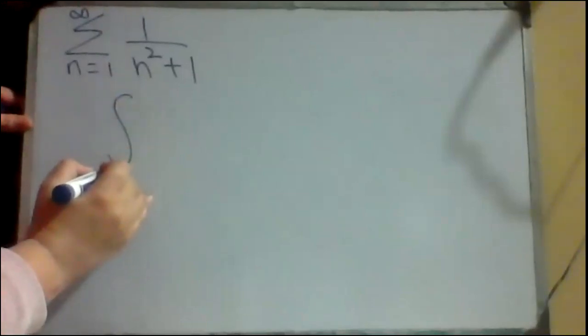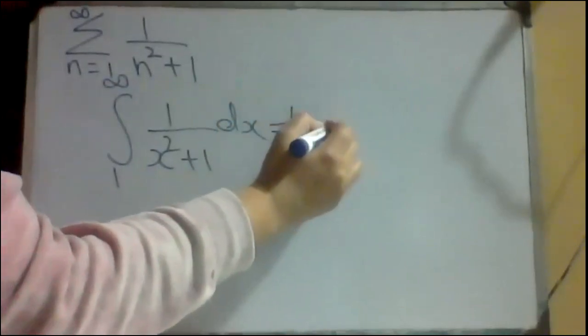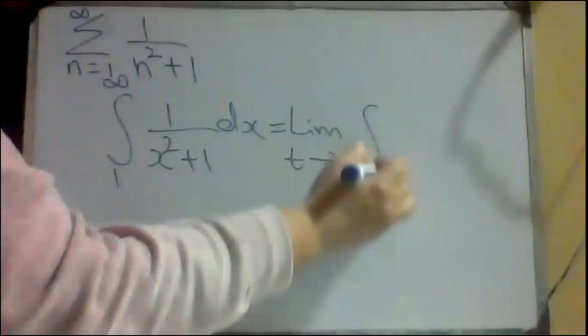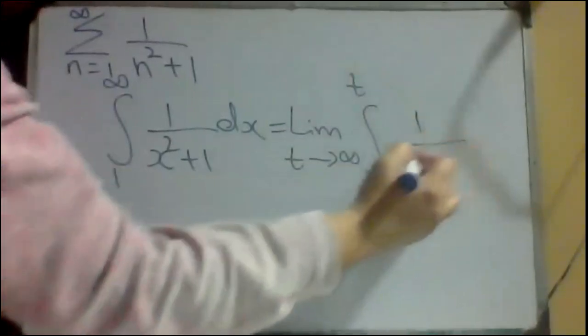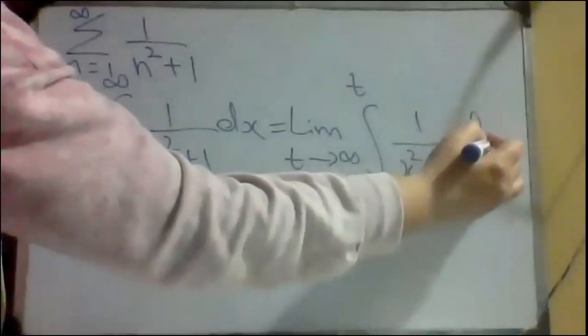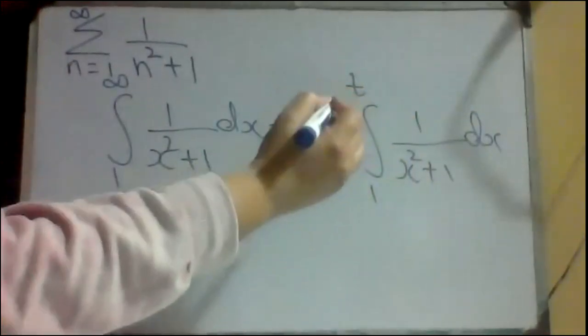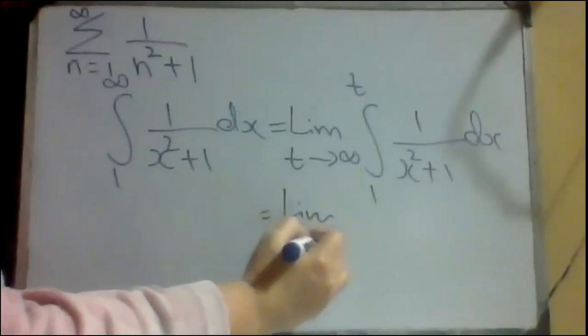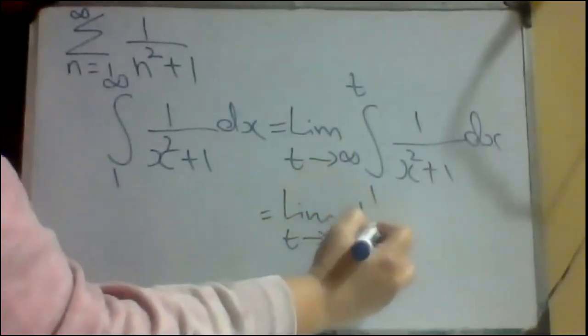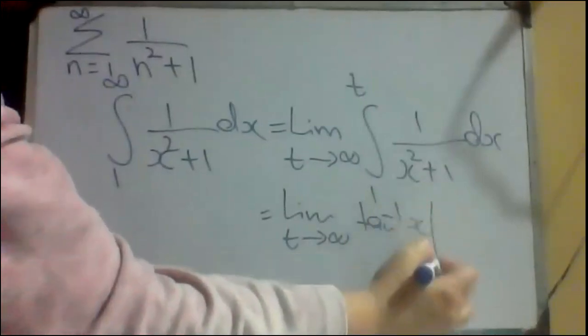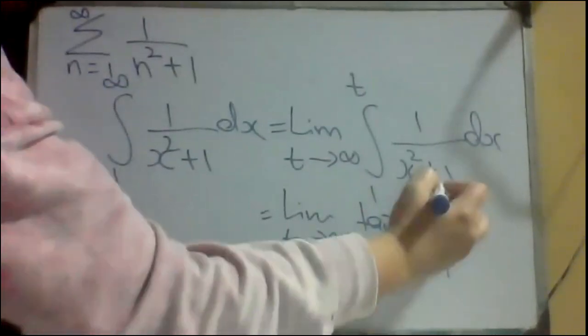So for the integral test, I have to compute the improper integral of 1 over x squared plus 1 from 1 to infinity. Now this improper integral is evaluated as the limit as t approaches infinity of the integral from 1 to t of 1 over x squared plus 1 dx. Now the integral of 1 over x squared plus 1, all of you know, is tan inverse of x, with limits of integration from 1 to t.